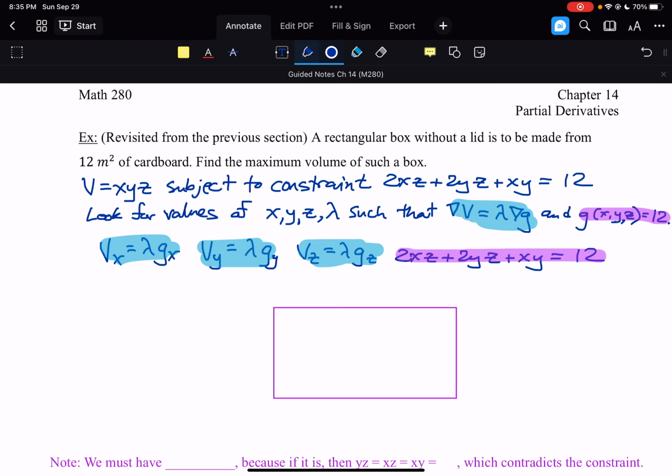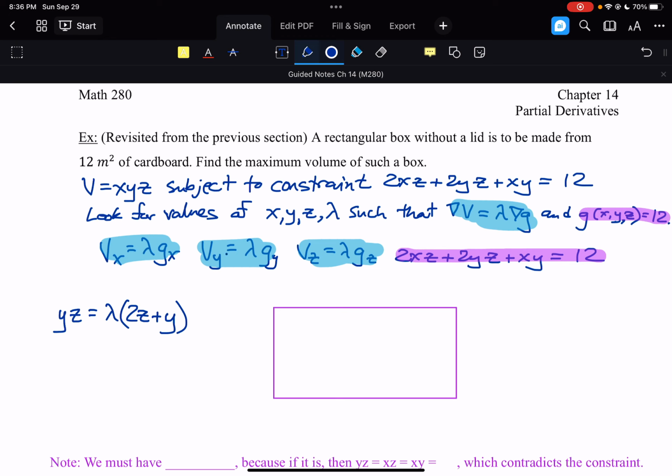So we have Vx equals lambda gx, so Vx is going to be yz equals lambda times gx, that's going to be 2z plus y.